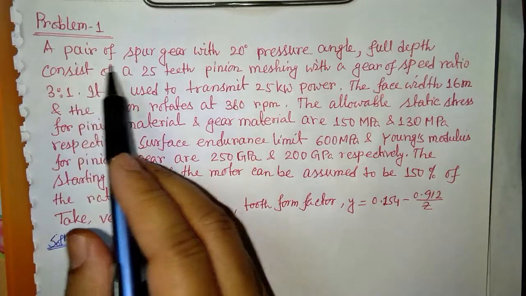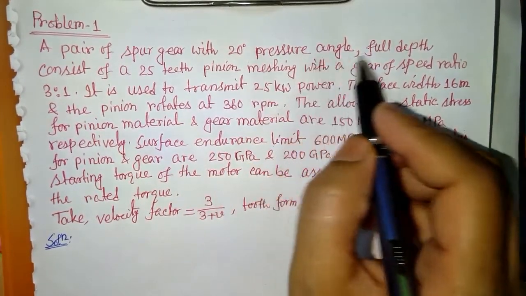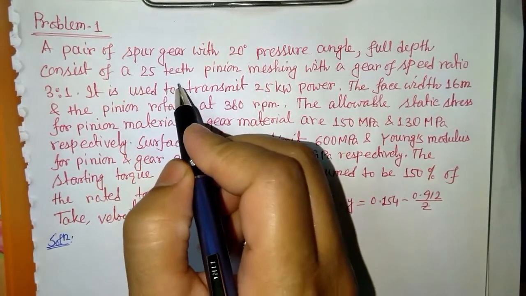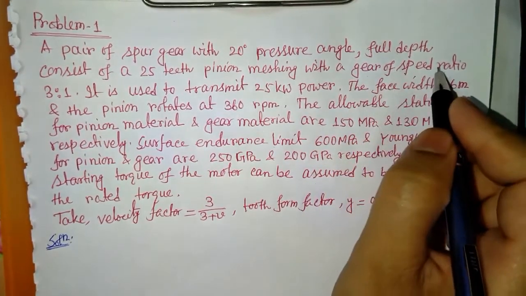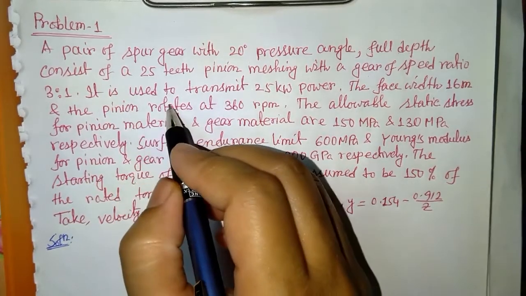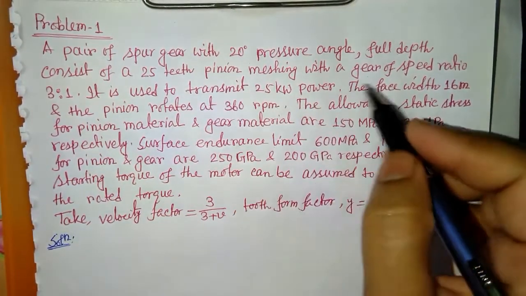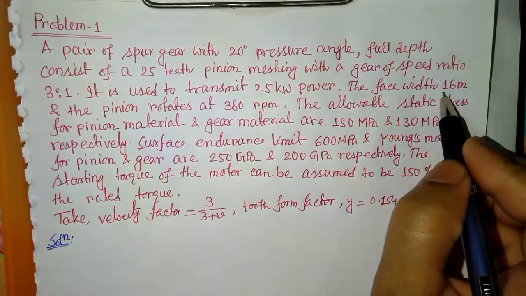A pair of spur gear with 20-degree pressure angle, full depth, consists of a 25 teeth pinion meshing with a gear of speed ratio 3:1. It is used to transmit 25 kilowatt power. The face width is 16 m.